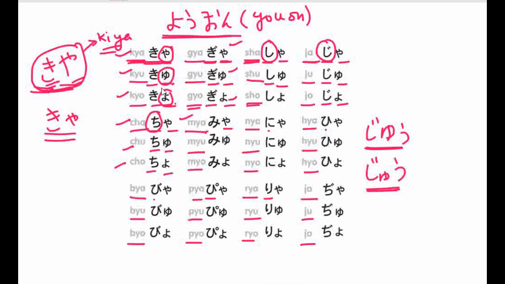Now the meaning of jiyu is freedom, and the meaning of ju is ten. So this is how the pronunciation makes the meaning different.